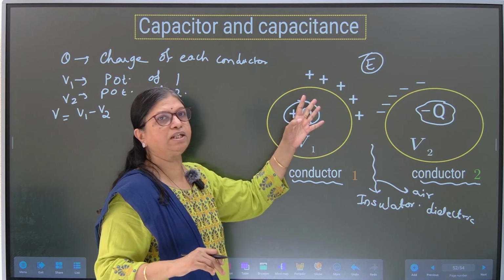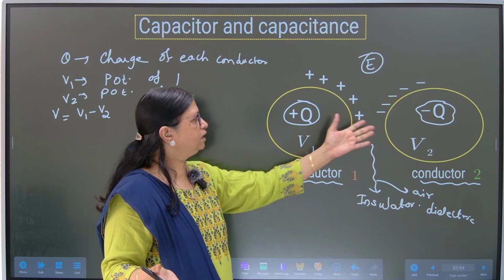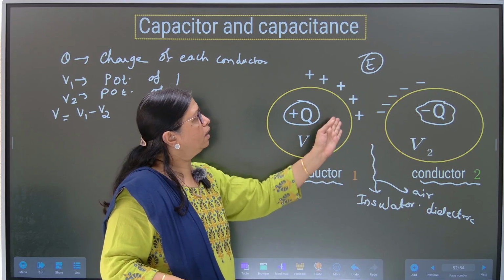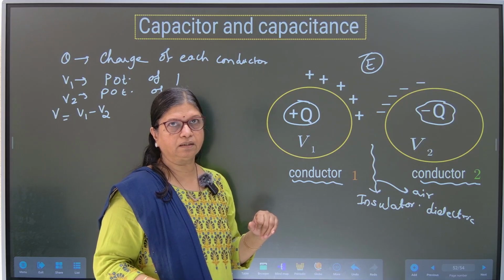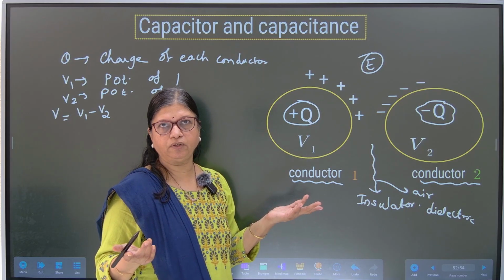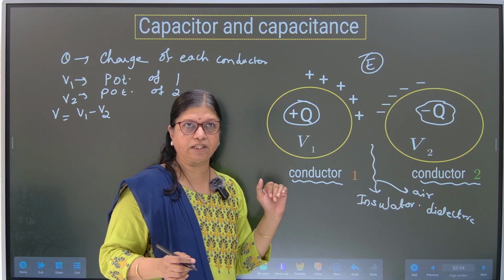As the charge increases, suppose we double the charge on these two conductors, the electric field also will increase, correct? Because of the formula we know. And so the potential will also increase.